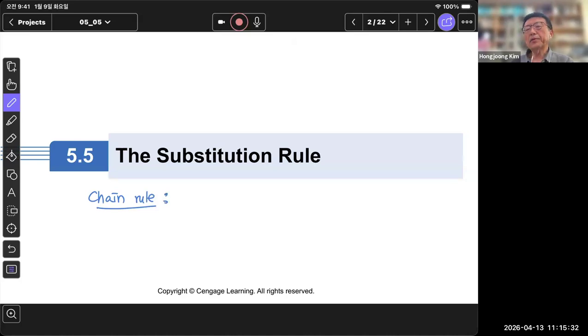If I have the composite of two functions, F of g of x, then the derivative of this composite will be the derivative of the outer function evaluated at g of x, multiplied by the derivative of the inner function. So that was the chain rule.